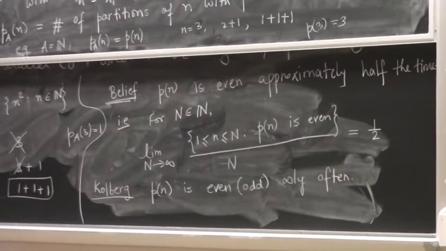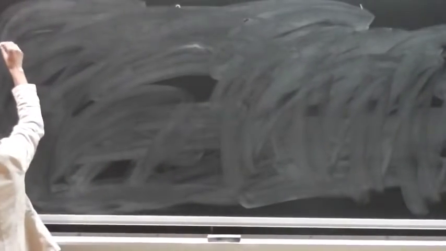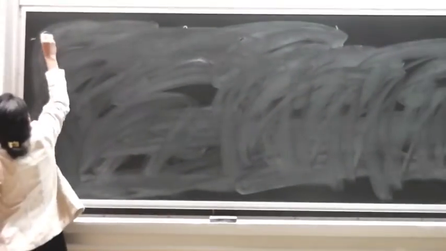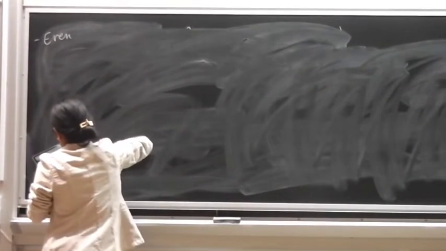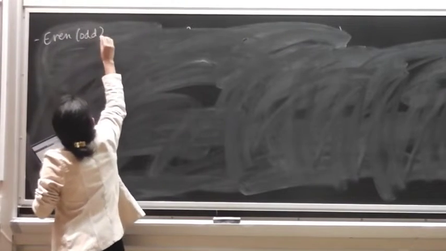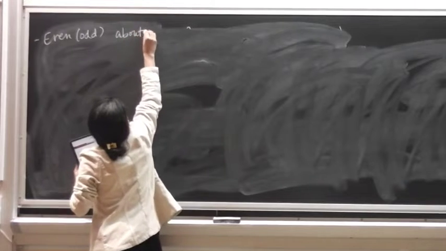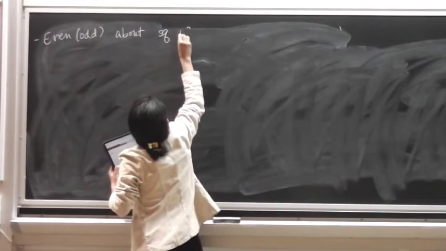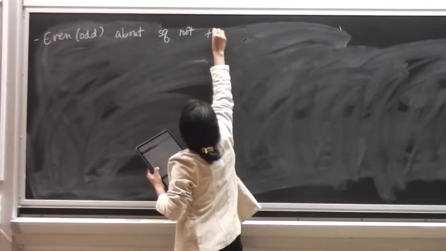Now what is known is that P of n is even or odd, in fact, about square root of n times.